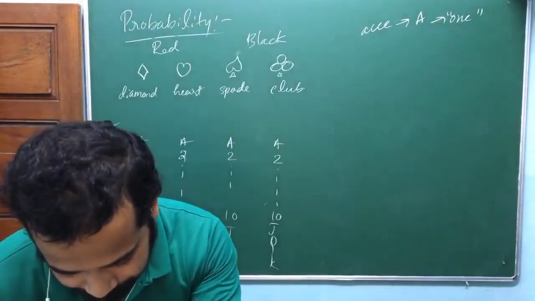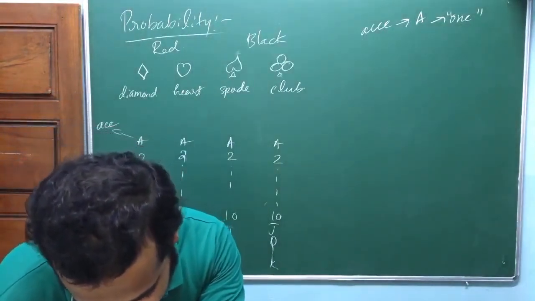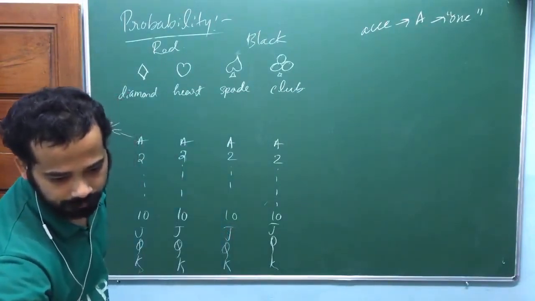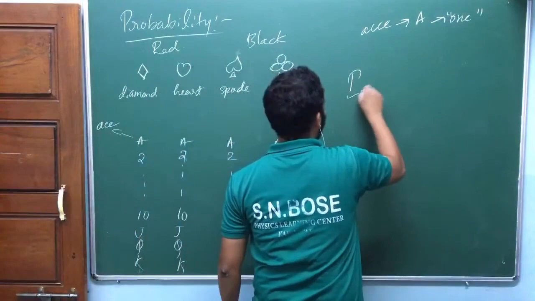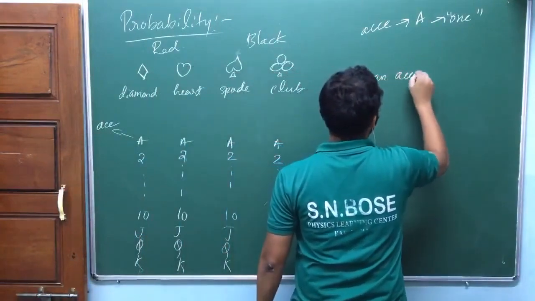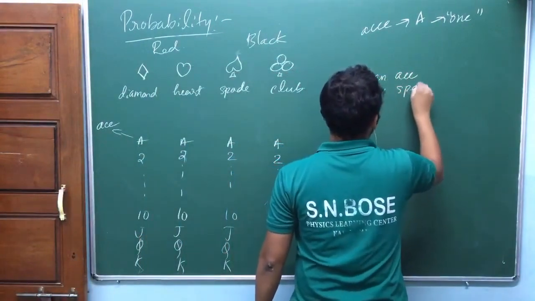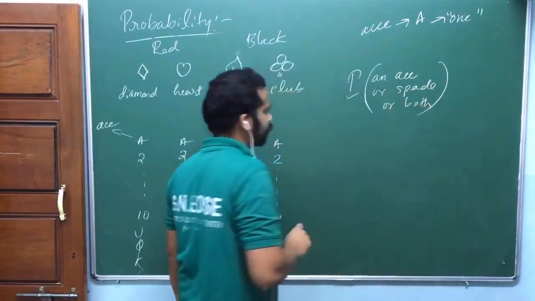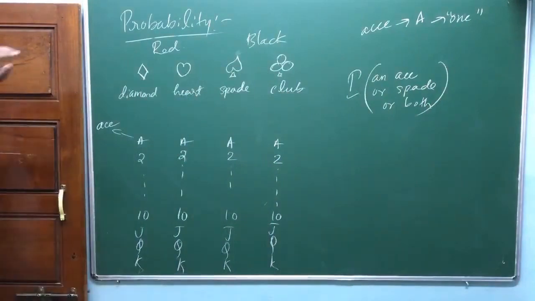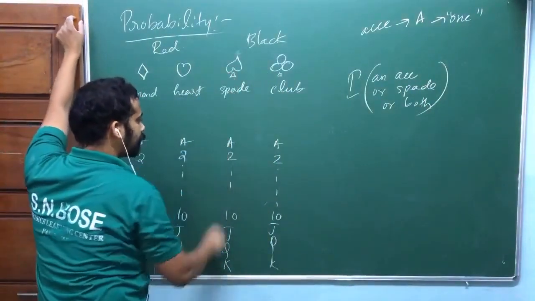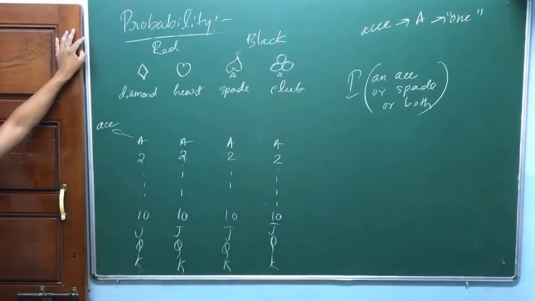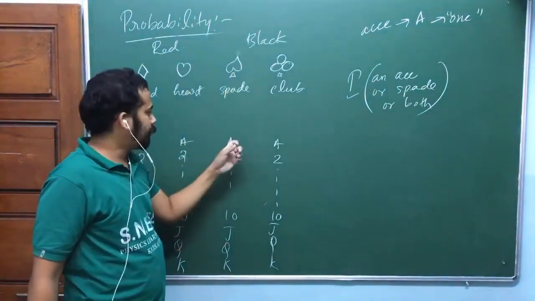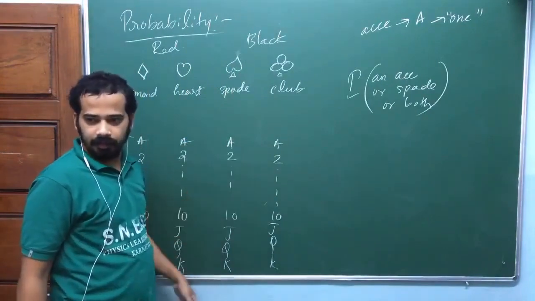Write it down. Because in spade you have an ace, am I right? Spade is a type, ace is a number. Are you getting my point?